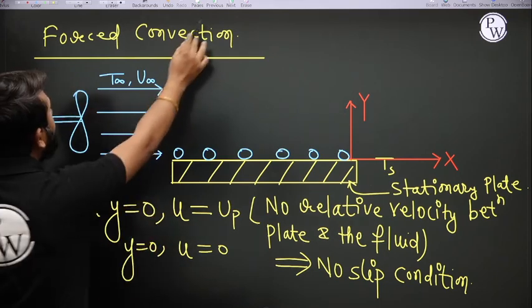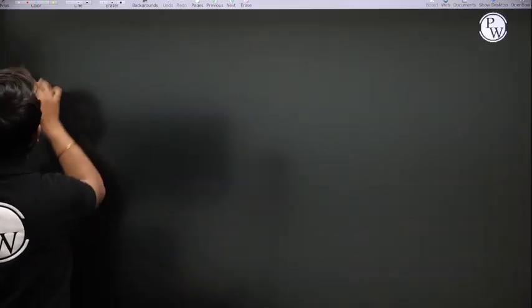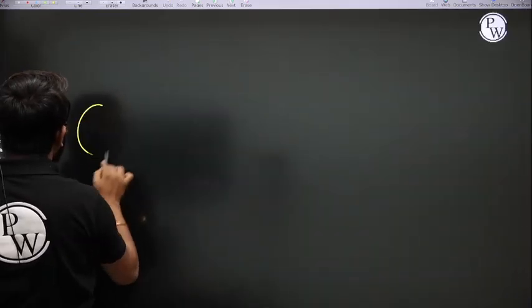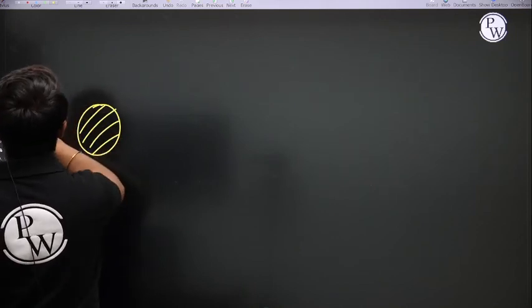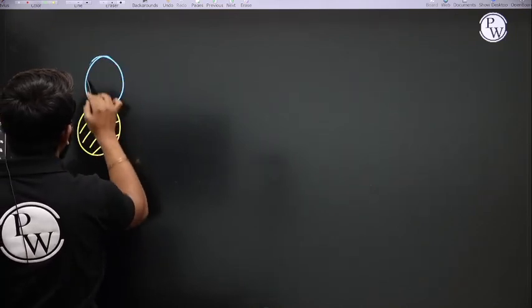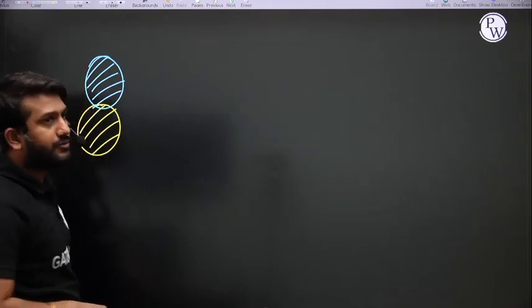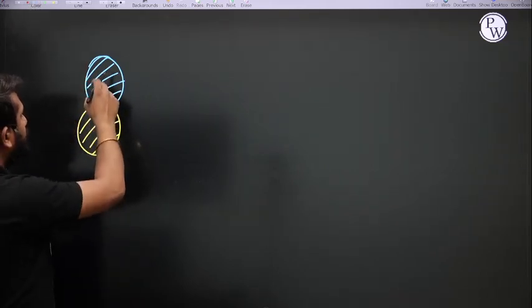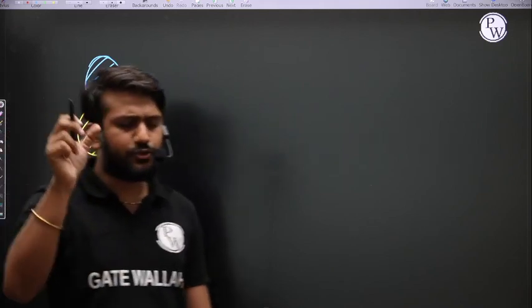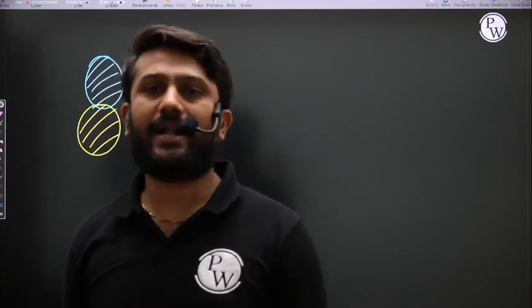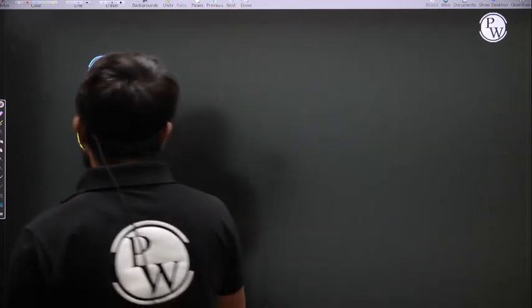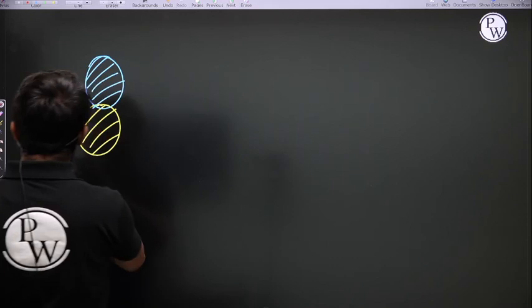So at y is equal to 0, this is the plate particle, this is the fluid particle. These two particles are in direct physical contact.